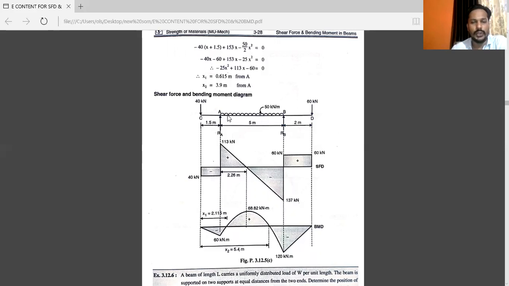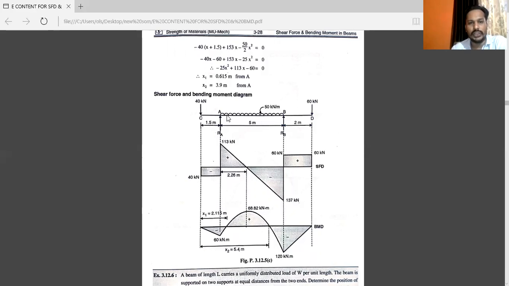So minus 40 into X plus 1.5 plus RA is 153. The condition will be sagging. So 153 into X minus 50 into X by 2. But it will move in the hogging condition. So minus 50 into X square by 2 is equal to 0.